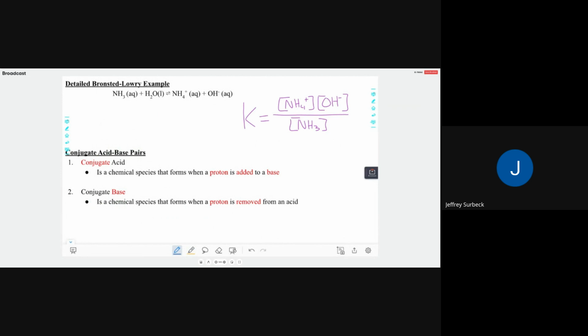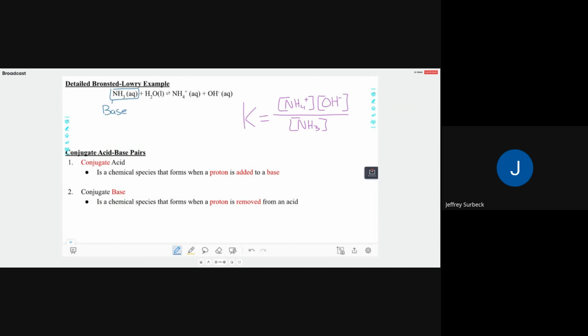It gained, all right? If you look back on the previous page, a base is a proton acceptor or an H plus acceptor, meaning from left to right, it gains an extra H. Okay, so NH3 is our base.